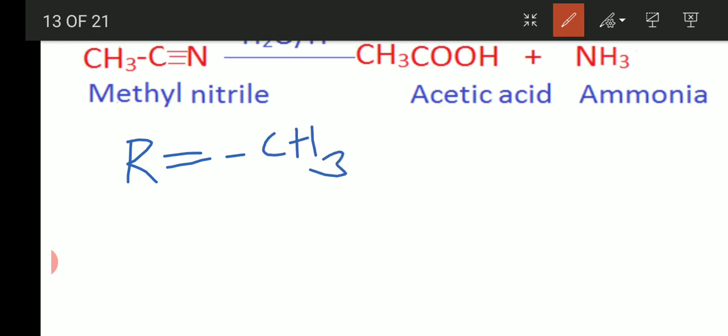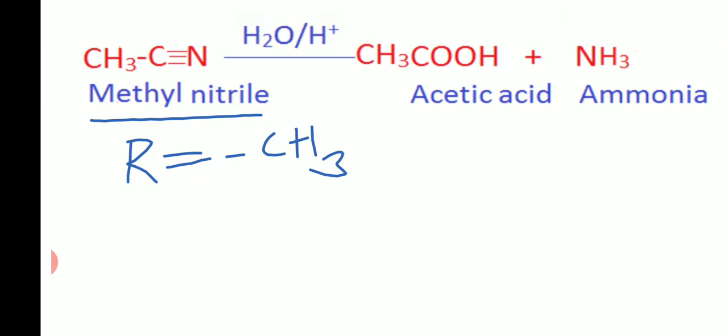Then its name has become methyl nitrile. Methyl nitrile on hydrolysis in presence of H2O and H plus, that is water and acid, what is forming? Acetic acid and ammonia are produced. In place of RCOOH, we have CH3COOH. So CH3COOH, the common name is acetic acid.